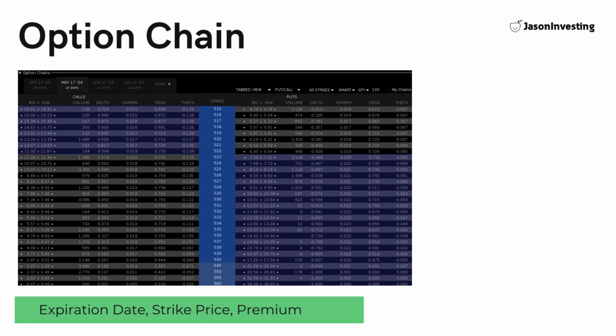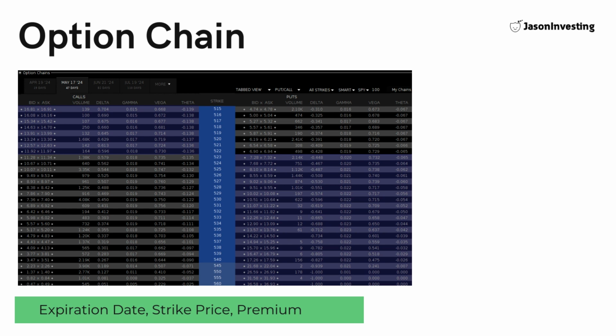The one that is currently selected, May 17th 2024, is the expiration date of the option chain. And IBKR also shows the number of days to expiration. In this case, the option has 47 days before it expires.